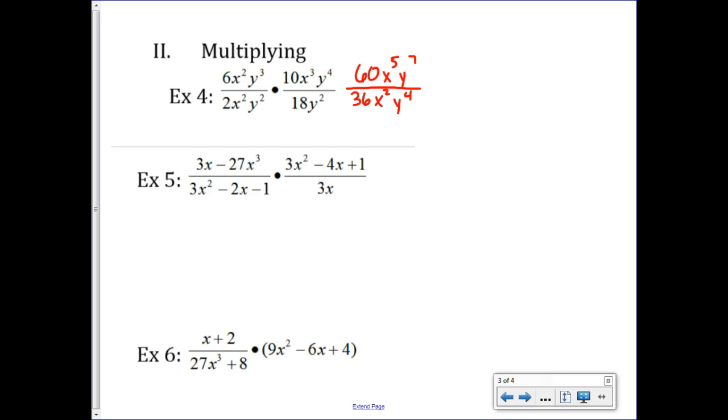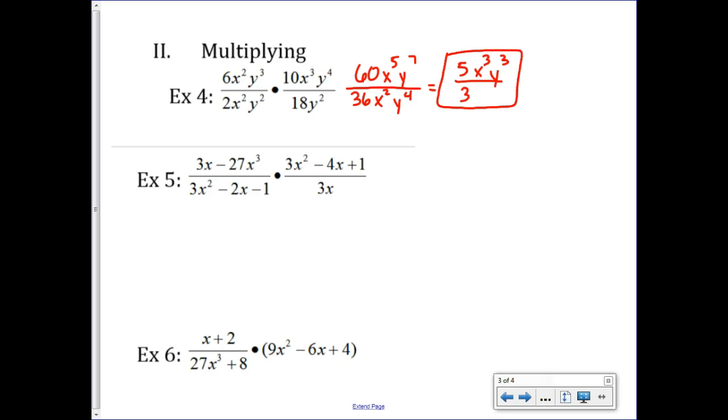So when I simplify this, 60 over 36, both of those will divide by 12. So then I have 5, and I have 3. Then x to the 5th over x to the second, I divide, so I'm subtracting, that's x to the positive 3. Y to the 7th over y to the 4th, that's y to the positive 3. That's as simplified as it gets.